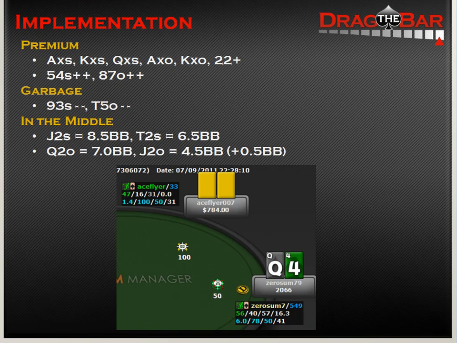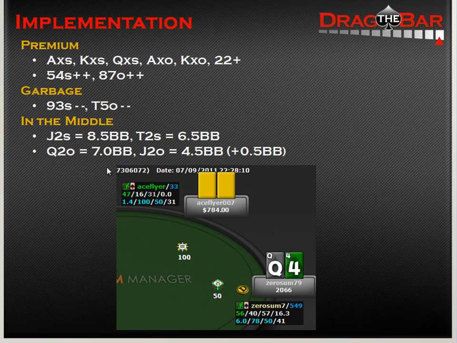And in the final hand, we're now playing an in the middle hand. You can see here that this is a little bit better than Queen 2 offsuit, which we know you can shove for 7 blinds. So we should be able to shove this hand for somewhere between 7 and 10 big blinds.